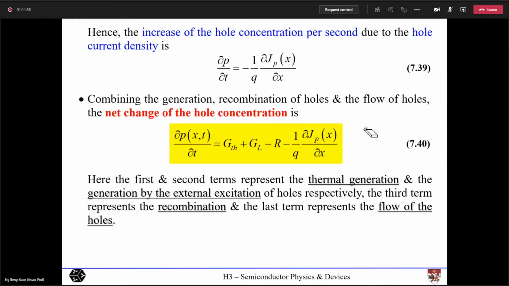The rate equation is a special case where there's no gradient in the current flowing in the semiconductor. If there's no gradient, then this last term goes to 0, and you simply get back the rate equation. So this continuity equation is really the general equation, and the rate equation is a subset of that.